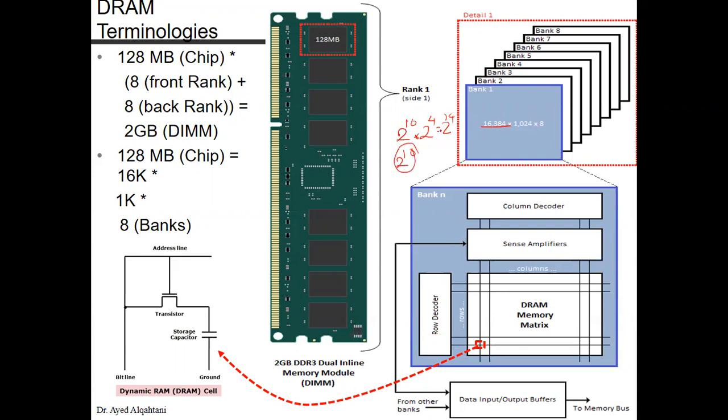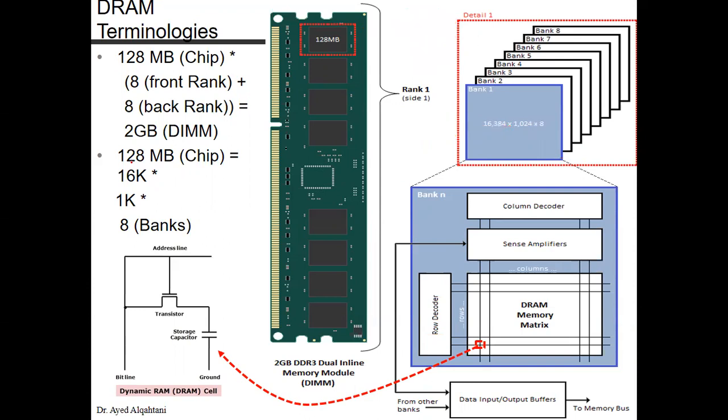So if you multiply this one by this one, you will end up with 2 to the power of 24, and times this 8, which is 2 to the power of 3, the total is going to be 2 to the power of 27, which is 2 to the power of 7 megabyte, which is the 128 megabyte.